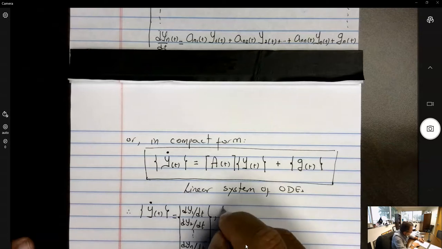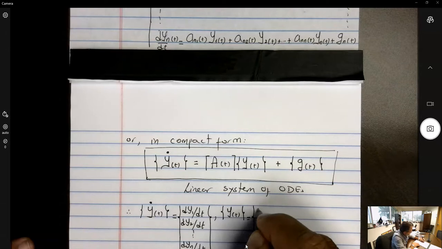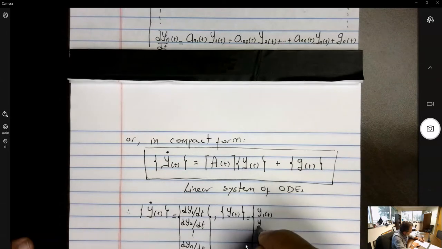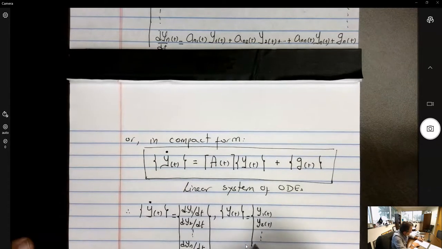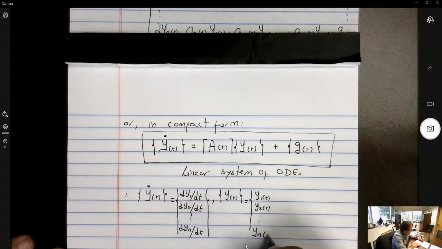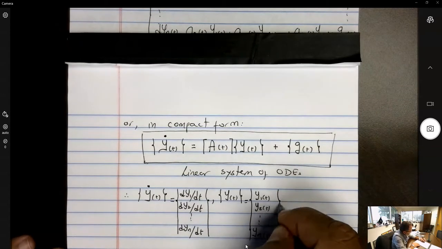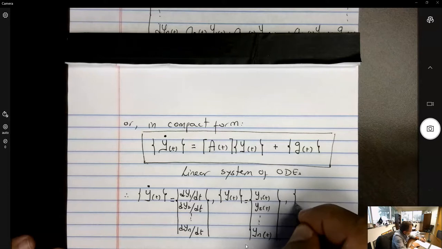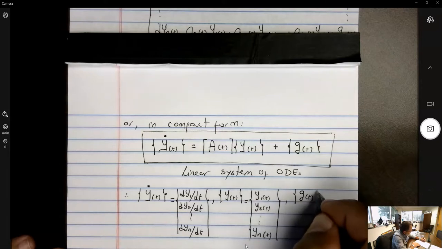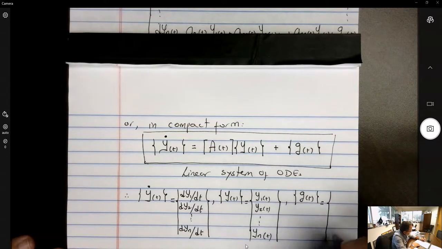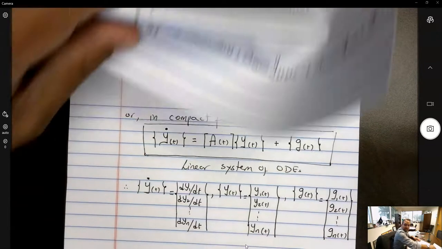The element y of t contains y1 of t, y2 of t, all the way to yn of t, while the vector g of t is the vector of independent terms, contains g1 of t, g2 of t, all the way to gn of t. So these are column vectors, as you can see.